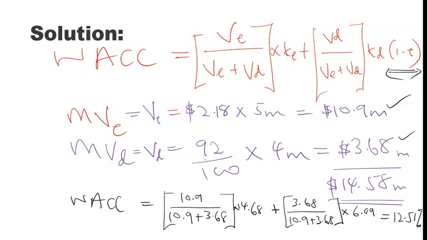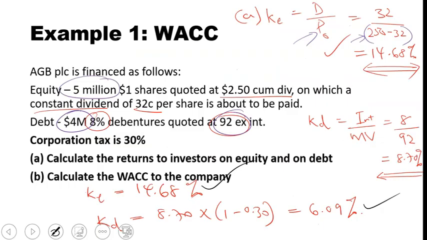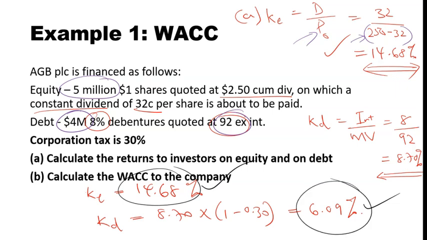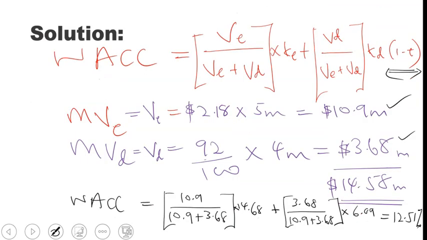The WACC is a cost of capital that is a bit lower than the cost of equity in general. That's what normally happens. You can see that the cost of equity was 14.68, but because we are considering a cost of capital that is weighted against a cheaper cost of capital, that is the cost of debt is cheaper, then by the end of the day, the overall cost of capital should actually be lower.